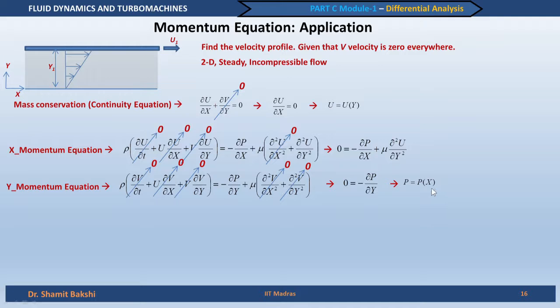As you see here in this particular problem, u is a function of y, that is the velocity changes in the y direction, and the pressure is only changing in the x direction. So, the u velocity is fully developed, it does not change along the x direction.